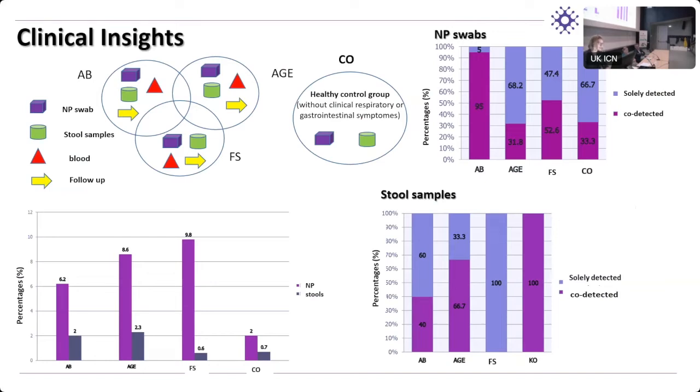We can see here that the clinical insight is very complex and difficult to explain, and more probably it's less common and important in children with acute bronchiolitis and acute gastroenteritis, but more likely in children with febrile seizures.